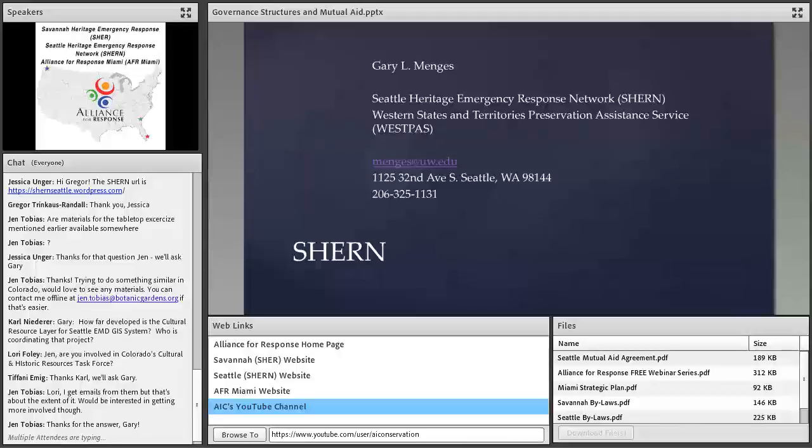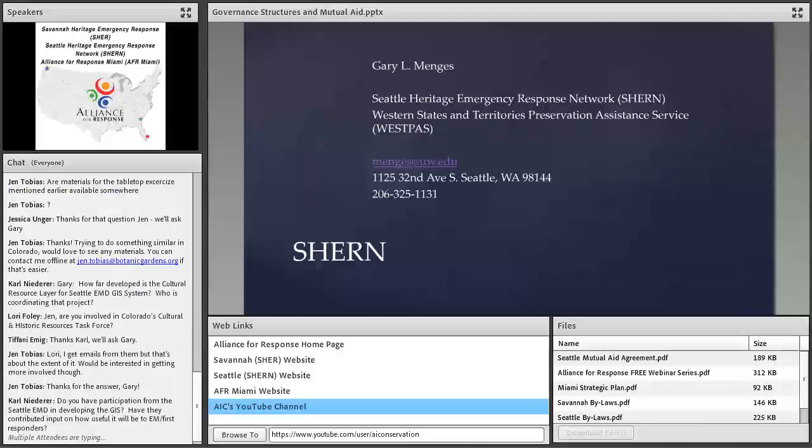So it's just in the beginning stage, and one of our members has volunteered to gather the information. We've asked members to send it to her, and then she in turn will work with the Seattle EMD.